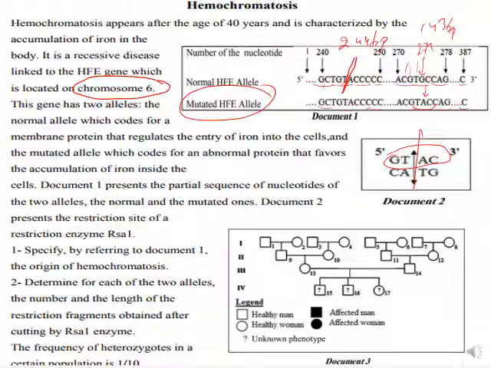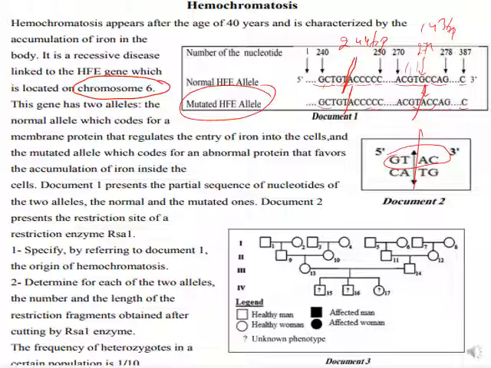However, in the mutated allele here we have GTAC, so here we have a cut, and also here, according to the mutation, we have another cut, GTAC. So here we have two restriction sites, so we have three fragments.